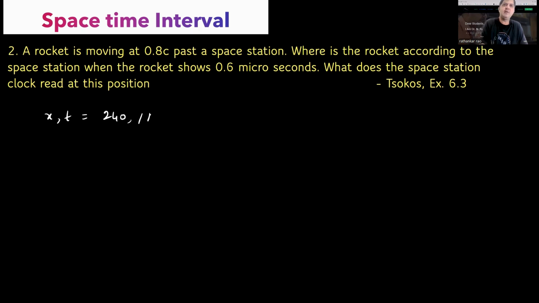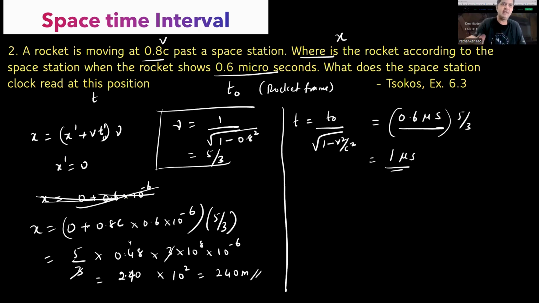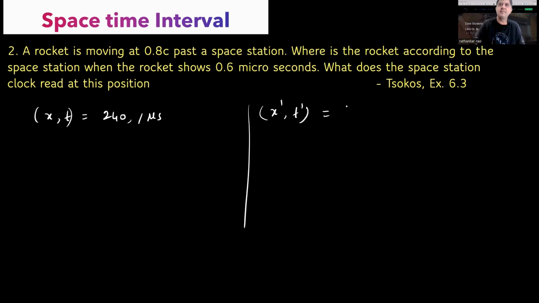And what is x dash comma t dash? Let us write down this also. X dash comma t dash is equal to, what is x dash? X dash was 0 and t dash was 0.6. 0 comma 0.6 microseconds.